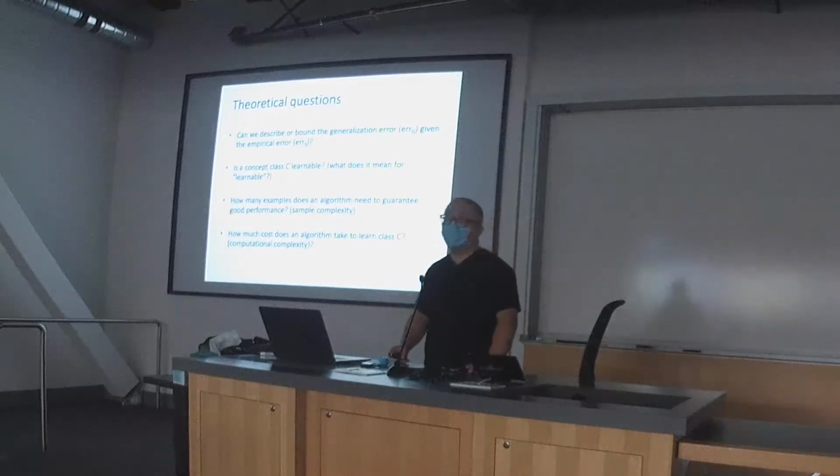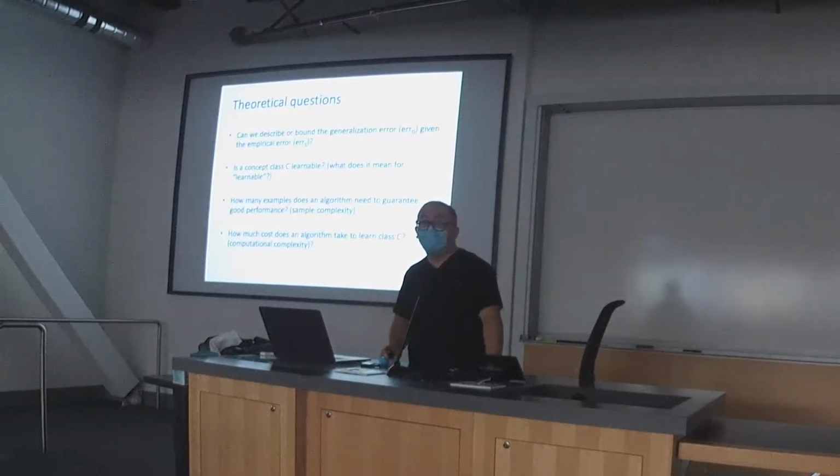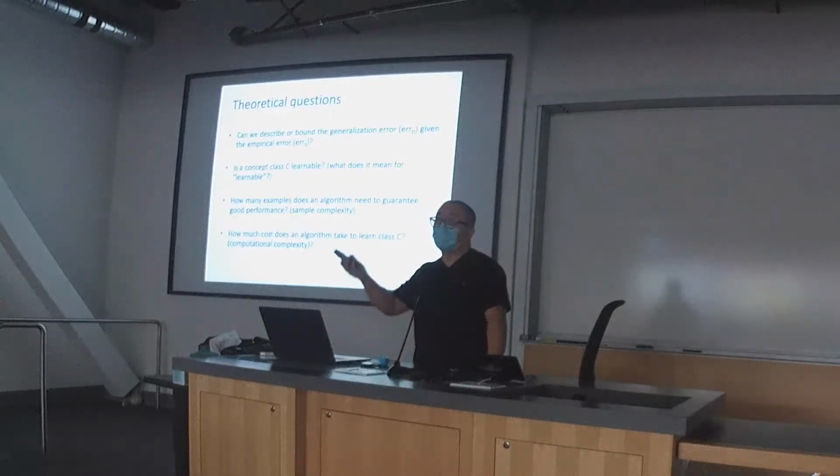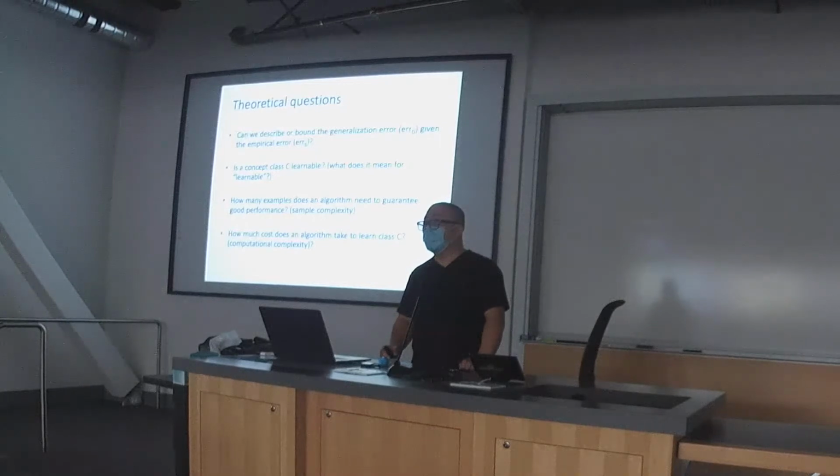Can we claim that, although I don't know the exact true error, I believe the true error is upper bounded by some expression in terms of the empirical error? Then by just looking at the bound, I can estimate how large the true error will be. Later we'll see several such bounds. Actually, the classical support vector machine is also motivated by such a bound. It's called the generalization error bound.